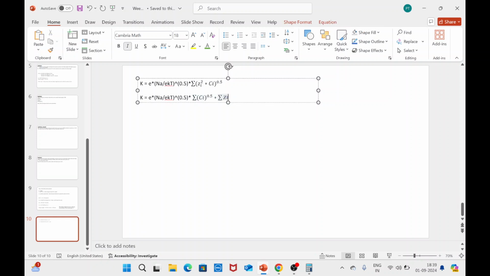Now the Debye length is nothing but 1 by kappa.